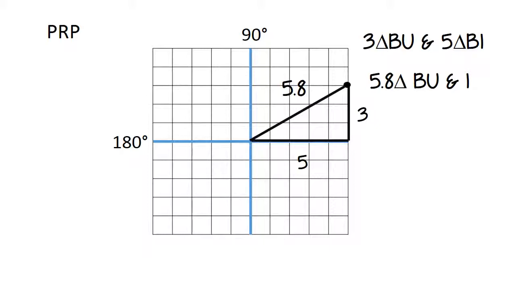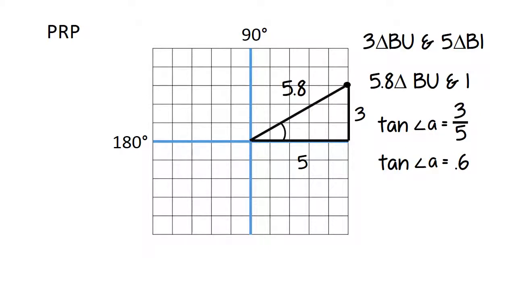How to figure out the angle? Well, remember when we did sine of an angle? To figure out this angle, we're going to use the tangent. And the tangent is the opposite over the adjacent. The line opposite that angle is 3. We're going to put that over 5, which is adjacent to that angle. And that leaves us with 0.6.